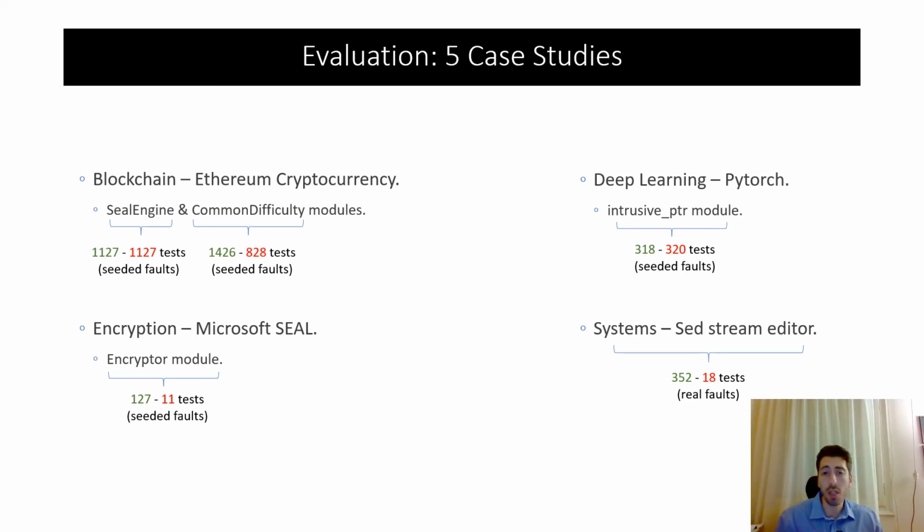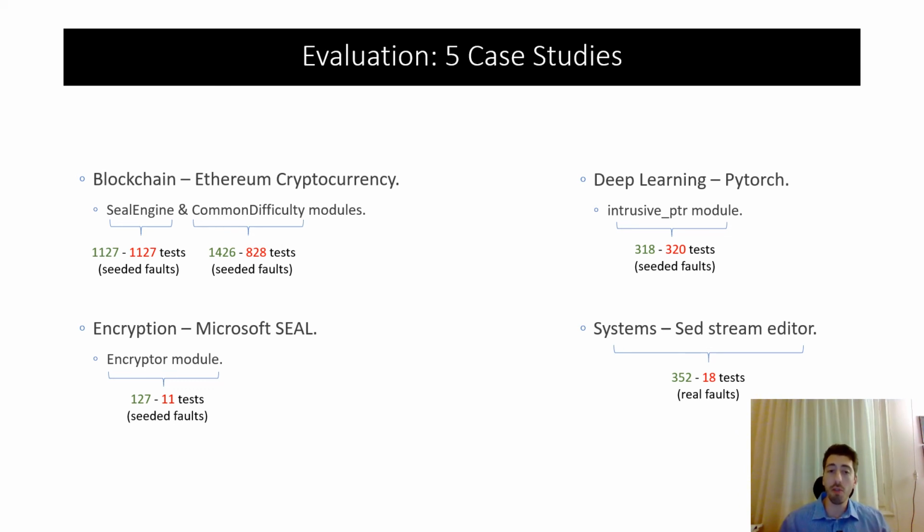Out of all these 5 case studies, we were only able to get real faults, real failing tests, for SED because they were available in the SIR repository that contained previous versions of the source code that had real bugs identified later.